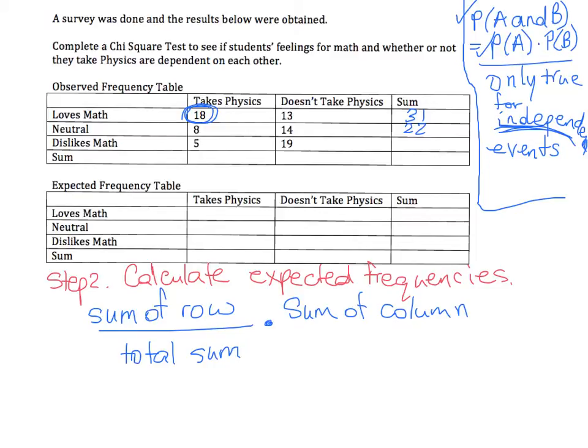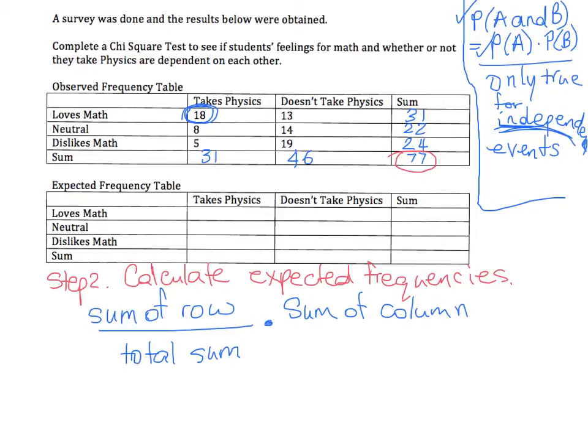The sum of 5 and 19 should be 24. The sum of all three of those, so the total sum, let's put a circle around that one because it's super important, is 77. The sum of the first column is 31, and the sum of the second column is 46.